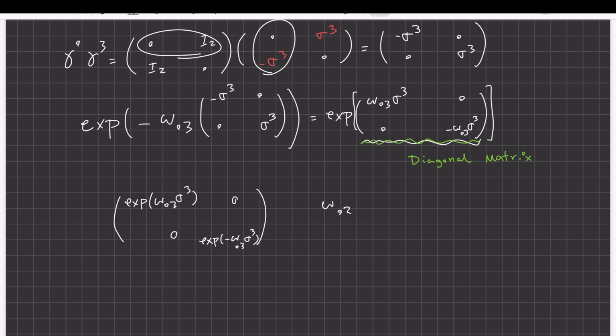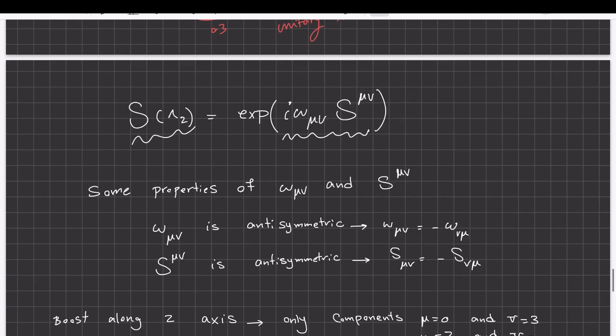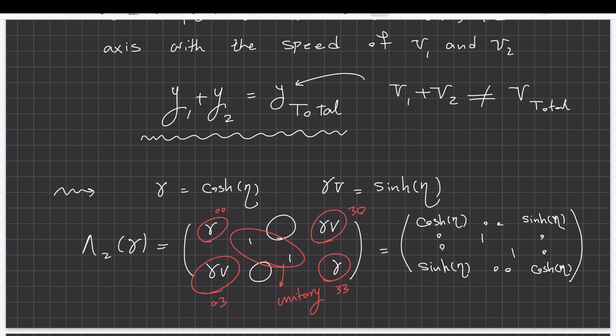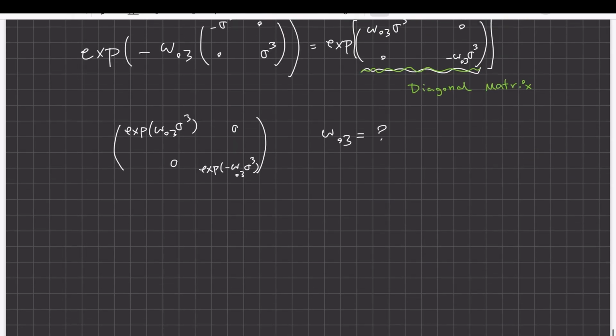So I basically need to calculate the exponential of omega 0, 3. So omega 0, 3 was also an additive parameter. So if we are basically having 2 boosts, omega 0, 3 is getting added. And omega 0, 3 is basically rapidity. So it's rapidity. It's additive under 2 Lorentz transformations along the same axis.